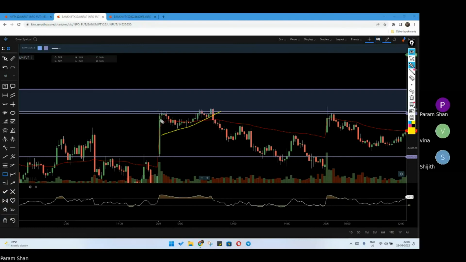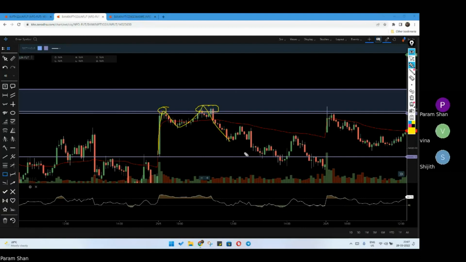The price was at the supply zone, so highly possible for the price to fall down. Also, if you want to consider this as a double bottom, it is still fine. There is no proper M pattern as such, but still, if you want to consider, you can consider.